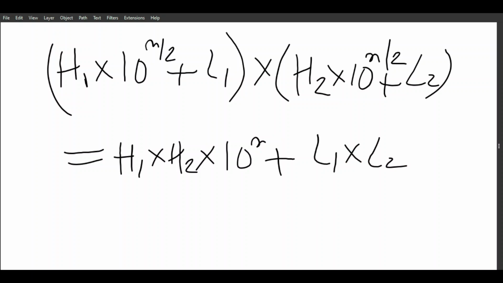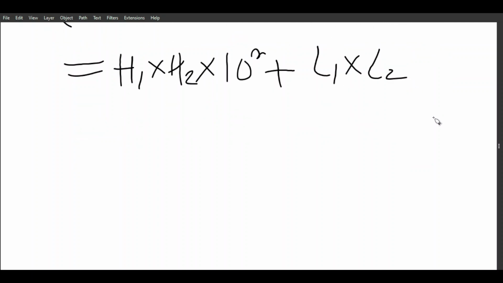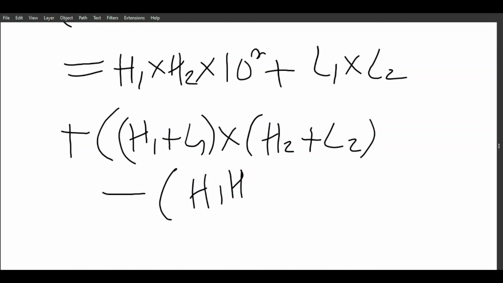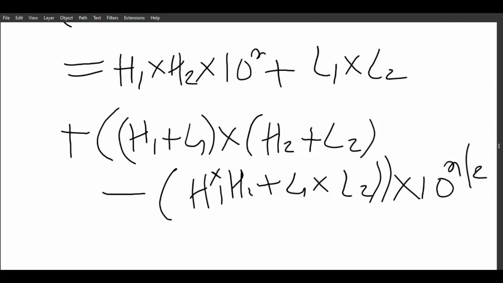Now the remaining subproblems we combine in a different way, and the expression is this: plus h1 plus L1 multiplied by h2 plus L2, minus h1 multiplied by h2 plus L1 multiplied by L2, this multiplied by 10 power n by 2.